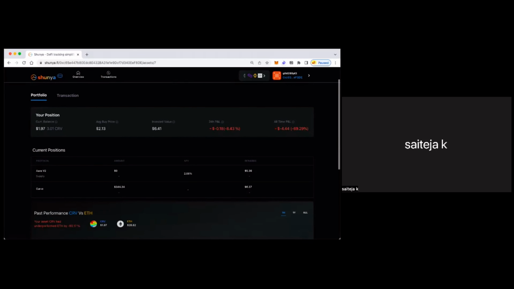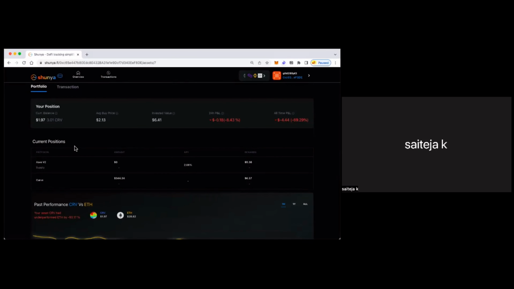Along with that, we show you the current positions you have with this asset across DeFi applications. In Curve Finance, I have $344 worth of position, and I still have $6.37 worth of rewards pending, which I haven't claimed.